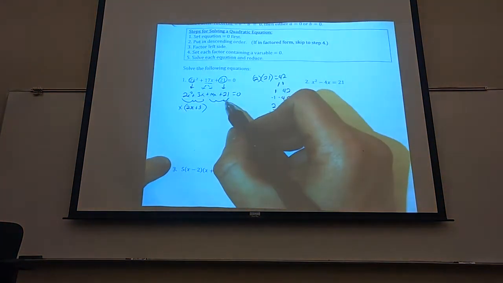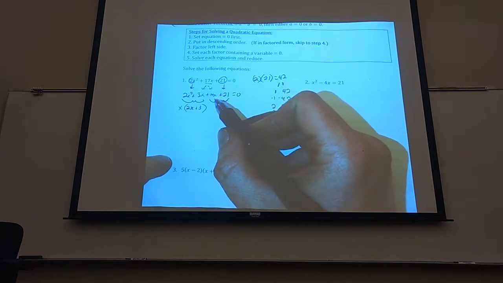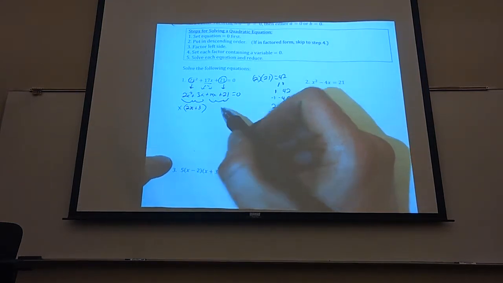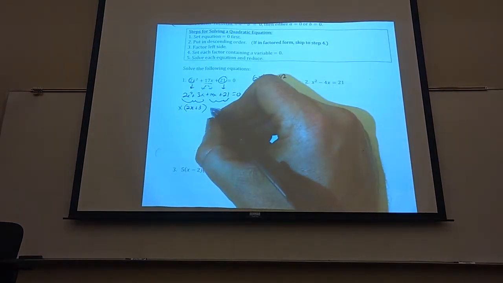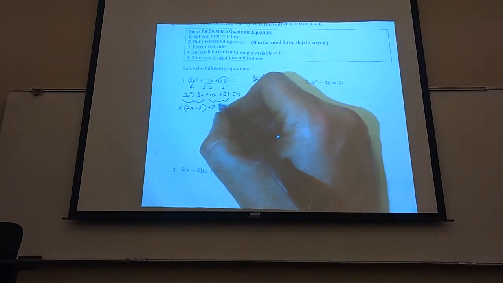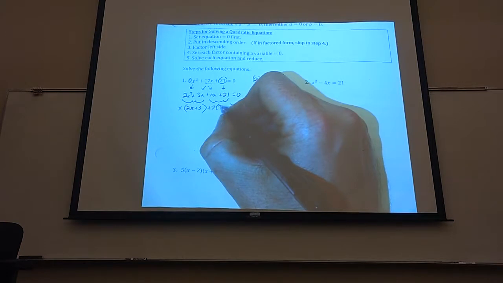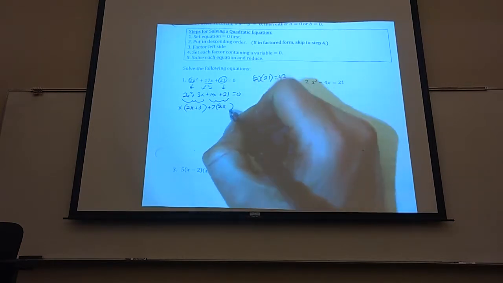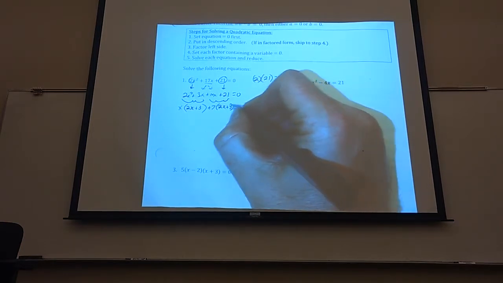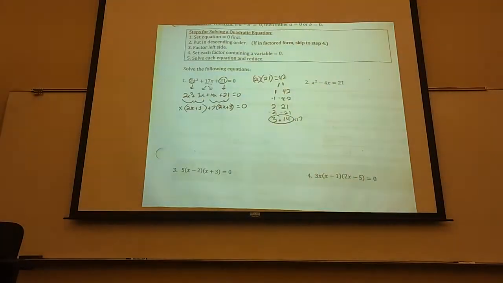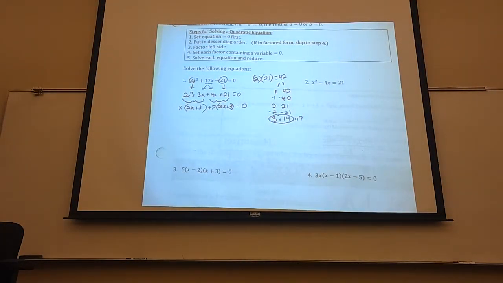So 14x and 21, 7 will go into those, I hope. 7 goes into 14 twice. 7 goes into 21 3 times. Now, have we done everything right so far? How do we know?